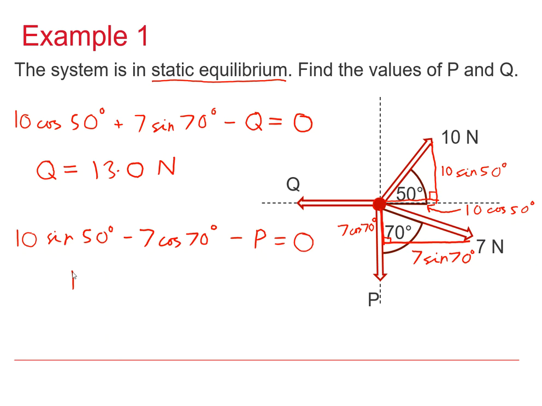So rearranging that, we find that P is equal to 10 sine 50 minus 7 cos 70, which is about 5.27 newtons.